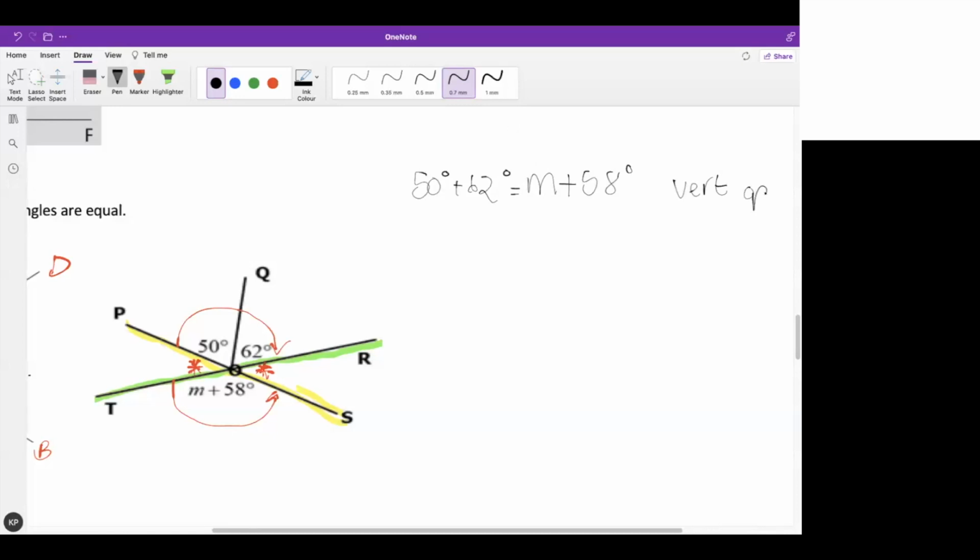There we go. Our reason is they are vertically opposite angles. So then 112 is equal to m plus 58. Let's take 58 over. So m is equal to 112 minus 58. How much is that, Kwezi? 54. There we go. Do you see? Yes, ma'am. Beautiful.